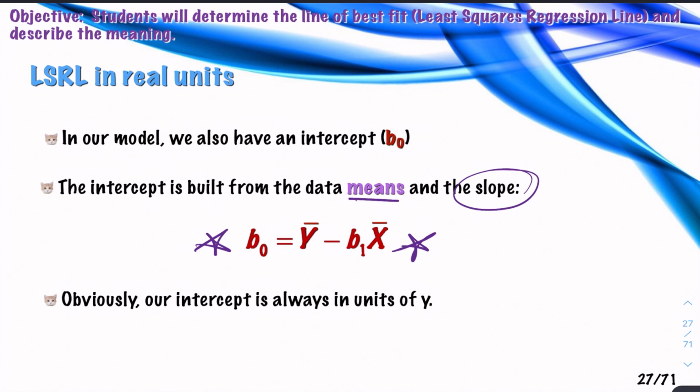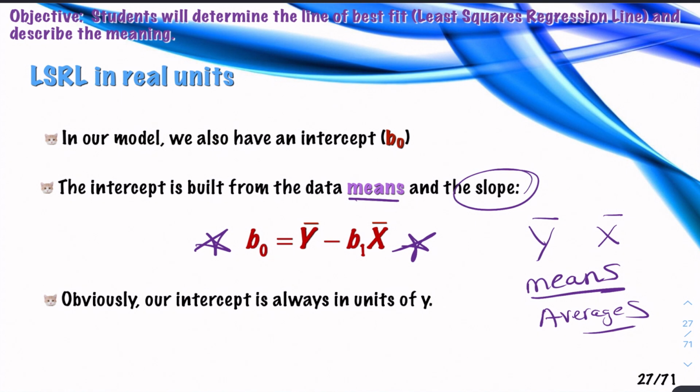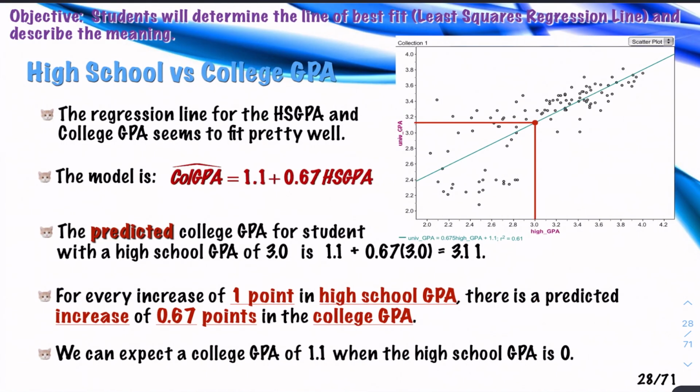Well, it's y bar minus the slope times x bar. Y bar, x bar mean our means, averages. Obviously, our intercept is always in units of y. This is non-controversial.